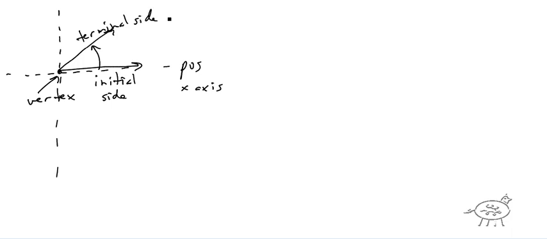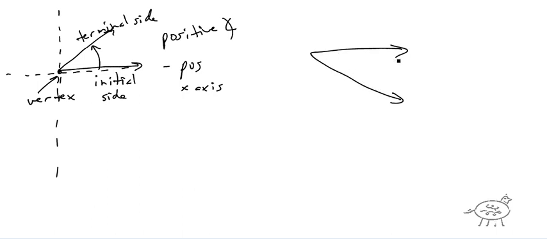Pretty easy. And this is a positive angle. Of course, I can just draw this too, and I'm going to label this A, B, and C. And if I go this way, it's a negative angle.